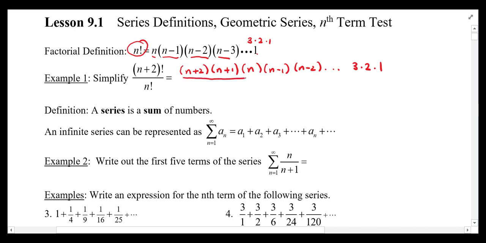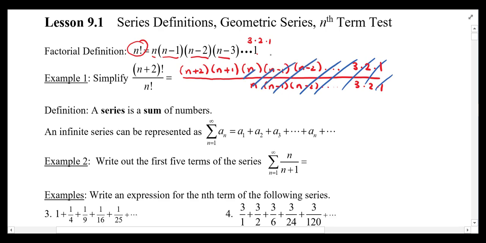If I'm dividing this by n factorial, remember n factorial is just n times n minus 1, n minus 2, all the way to 3, 2, 1, and since this is all multiplication, those cancel. You're just left with n plus 2 times n plus 1. And that's what that equals.